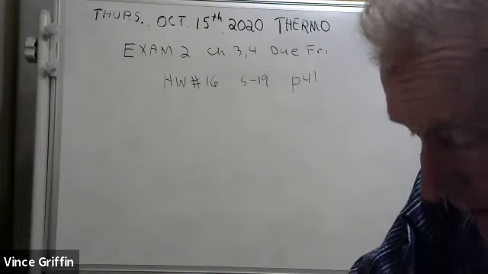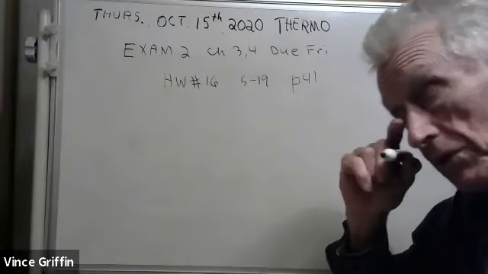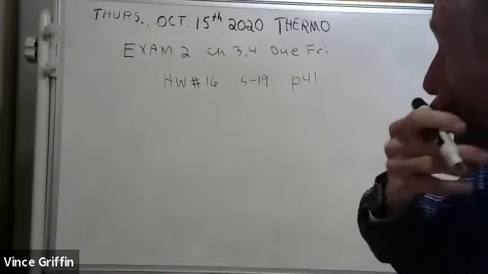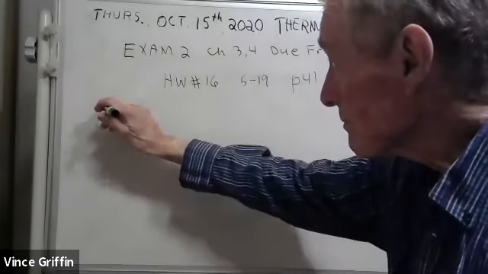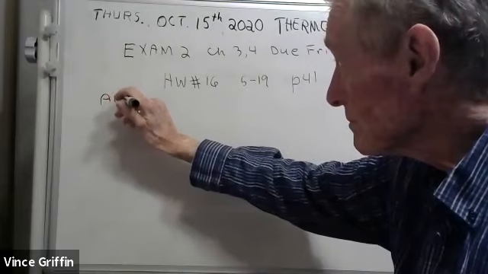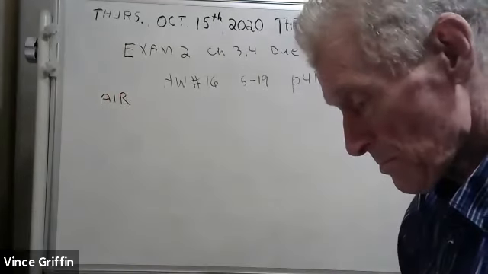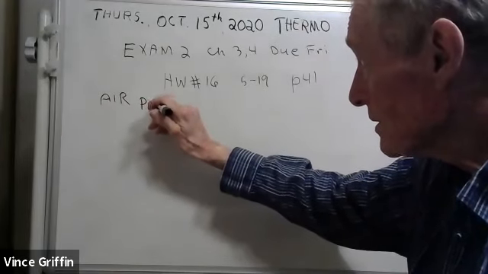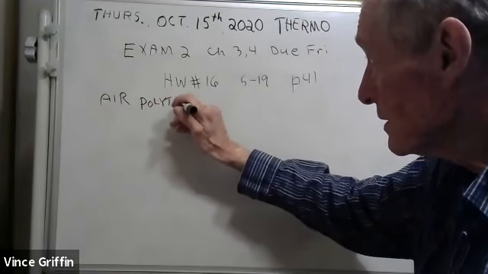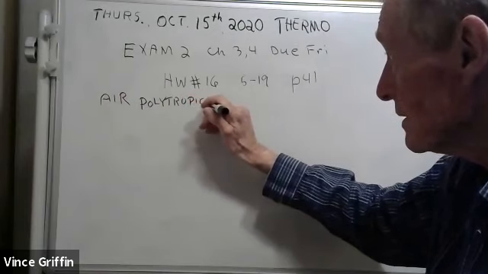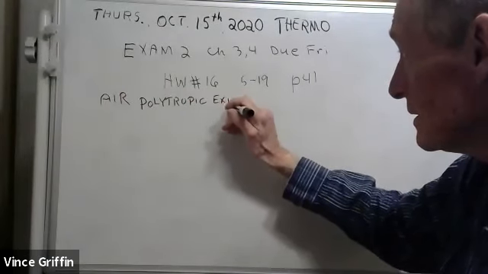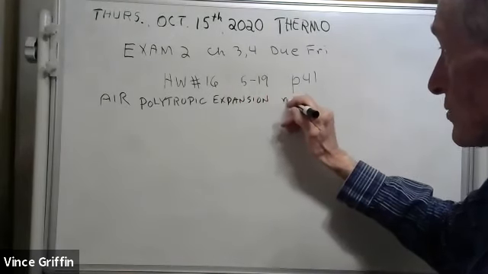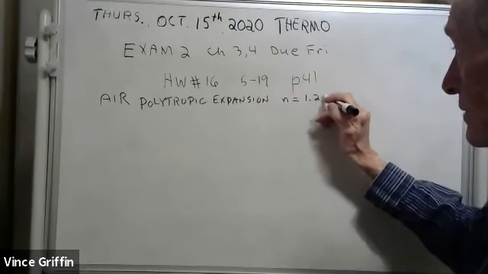Well, okay. Now let's do a kind of a review here. Let's suppose you had air in a polytropic expansion, with a polytropic constant equal to 1.25.